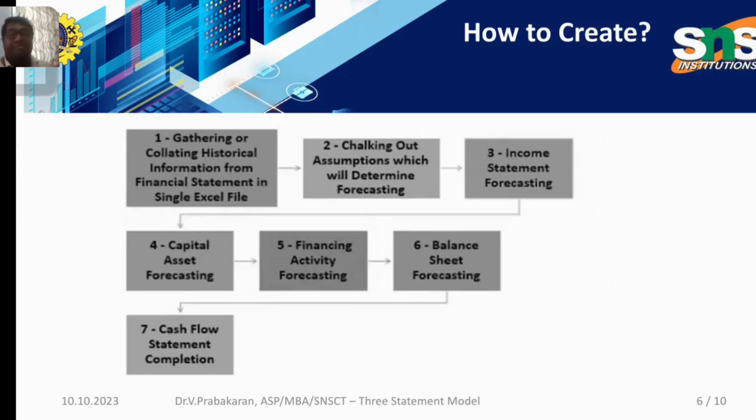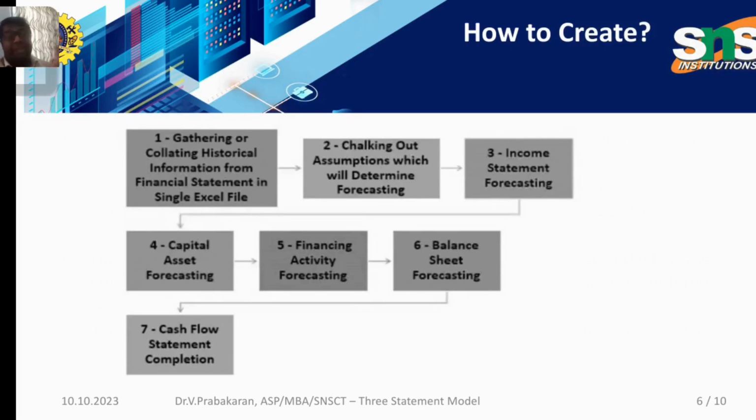That will give you income statement forecasting. Once income is forecasted, that income statement is linked with your balance sheet, so you can call this capital asset forecasting. You will try to forecast your balance sheet, which has both assets and liabilities. Based on the previous historical data, you can project the assets and liabilities in the future.